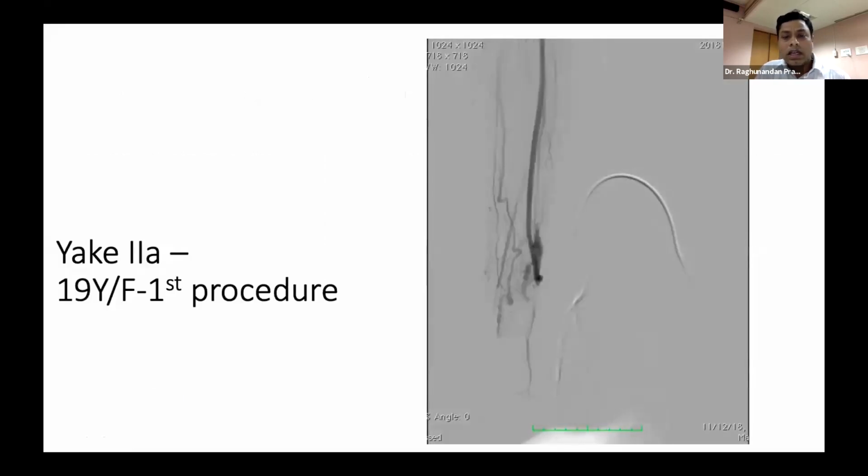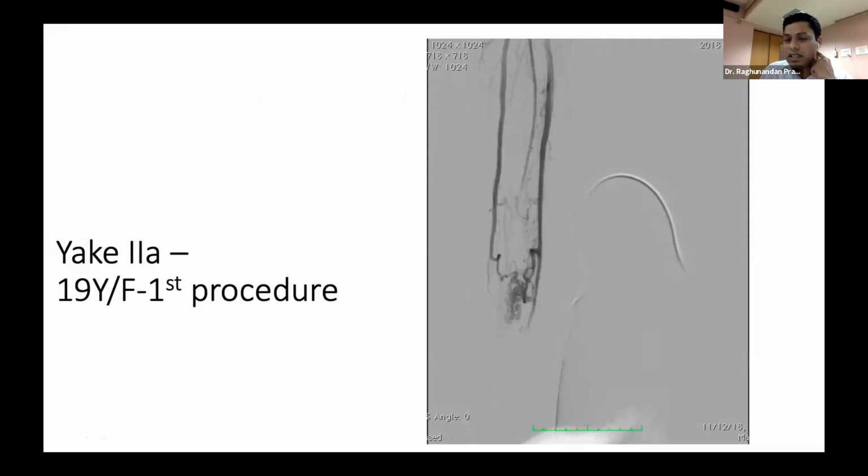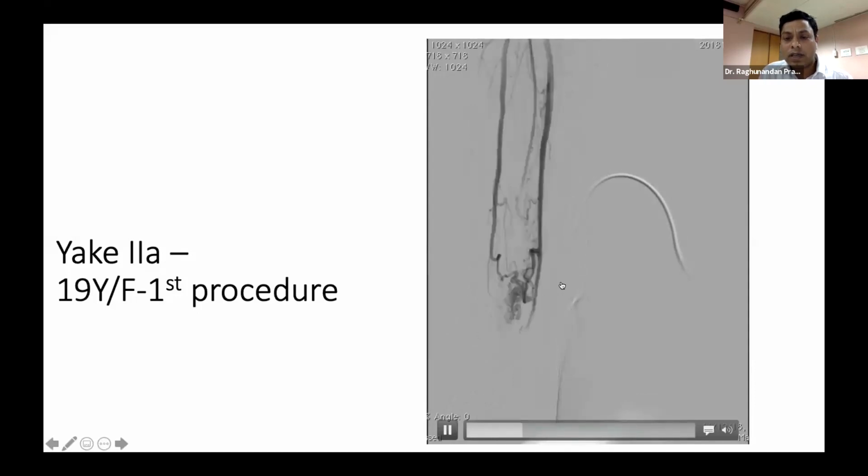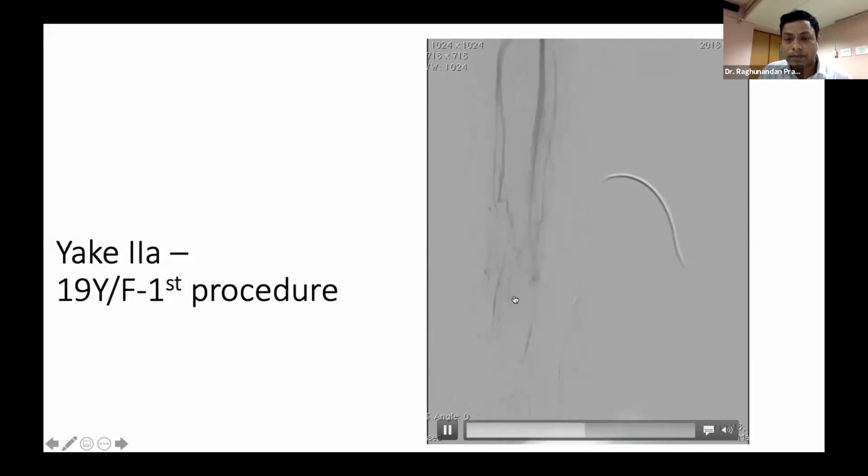So, next case: a 19-year-old girl with a visible swelling at the wrist level of the right hand and severe pain. We did the angiography, and again here you can see the high-flow nidus shunting oxygenated blood directly into the vein.